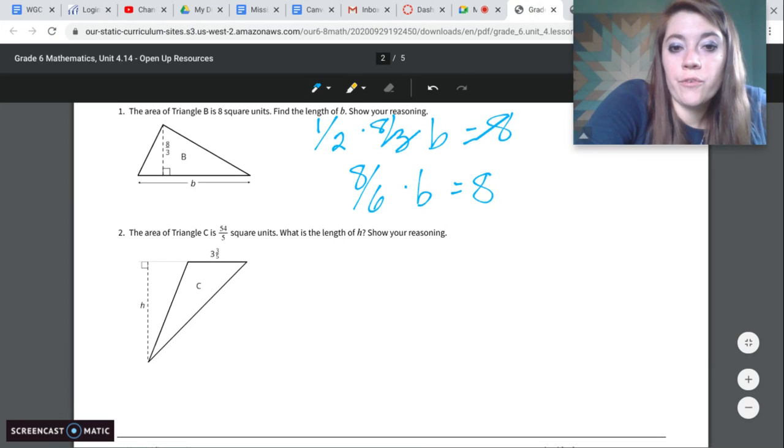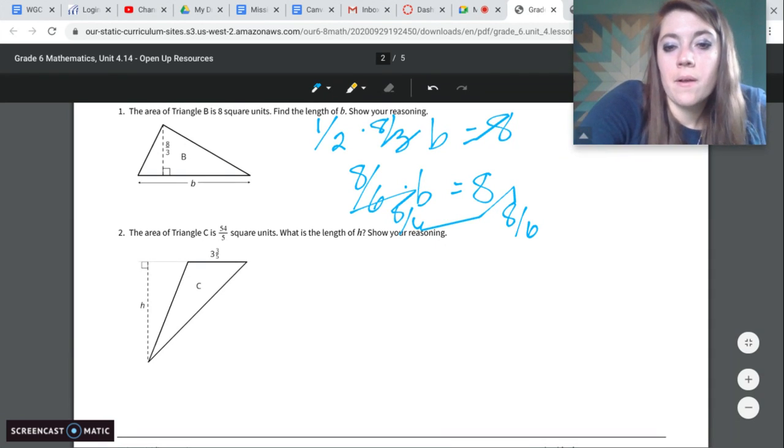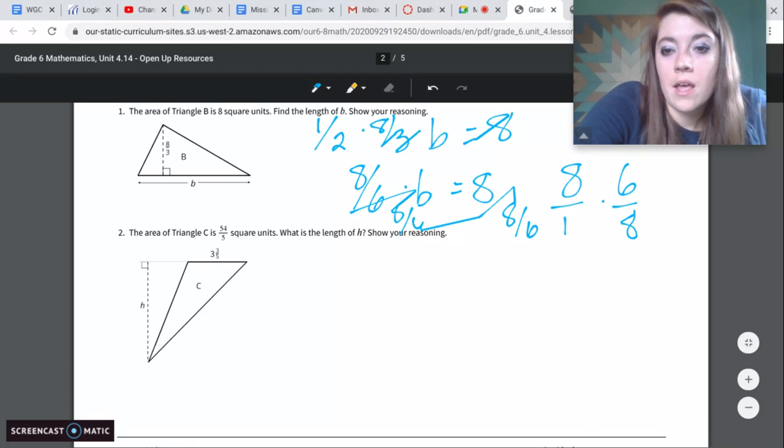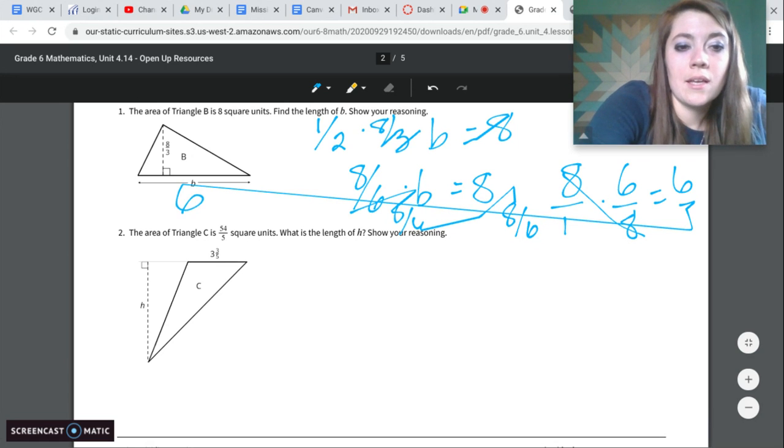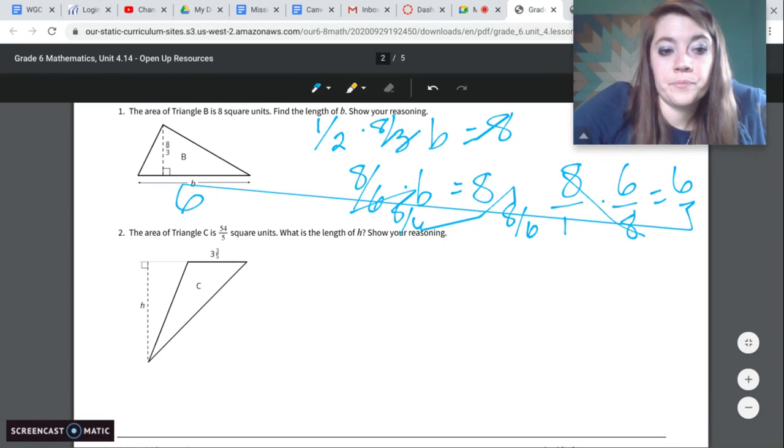Now, in order for this to equal 8, we need to divide by 8/6. So remember, same times flip, 8/1 times 6/8. We flip the 8/6. The 8's cancel, so we're left with just 6/1. So that means our base has a length of 6.